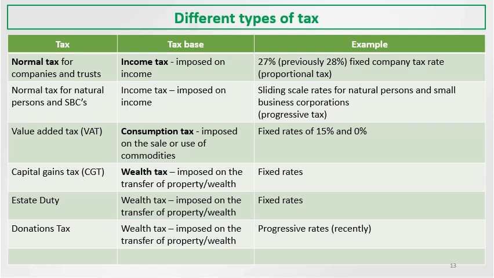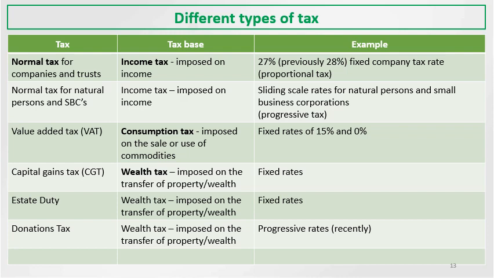So you pay normal tax, but normal tax is an income tax. And you pay value-added tax, but value-added tax is a consumption tax. And you pay capital gains tax, but capital gains tax is a wealth tax. So the second column is a classification of the type of tax.